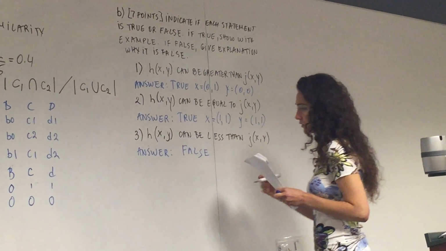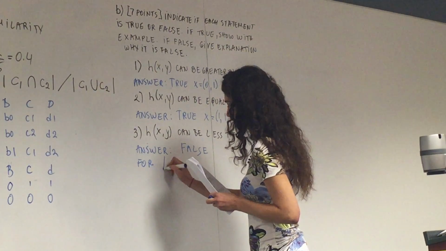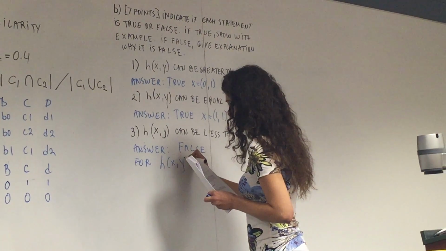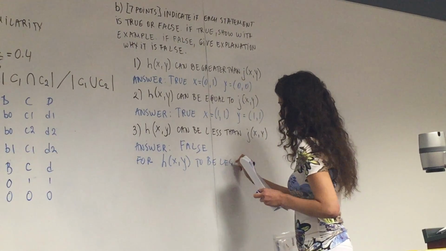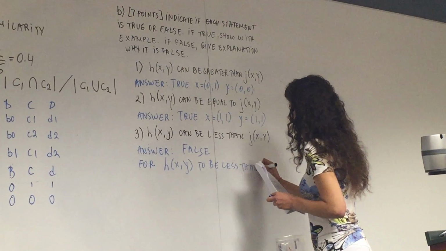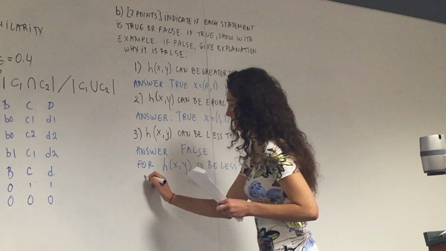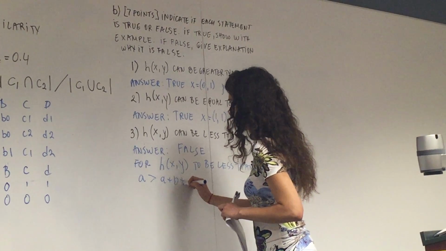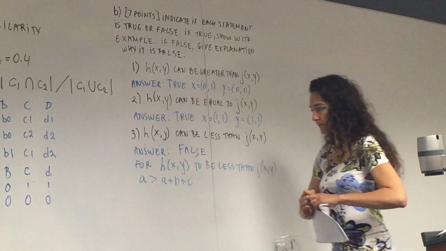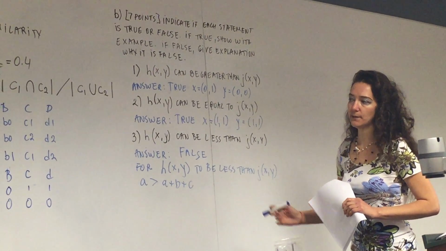And that's because for Hamming of X, Y to be less than Jaccard of X, Y, then we need an A which is bigger than A plus B plus C. And that is not possible.